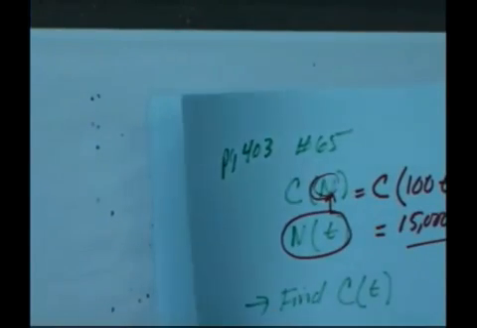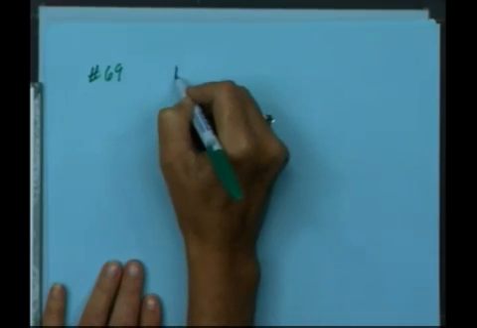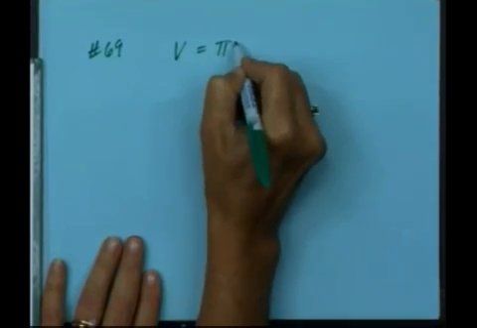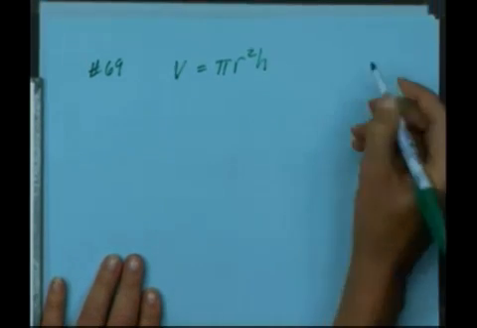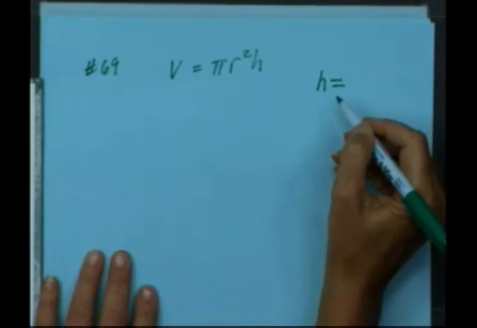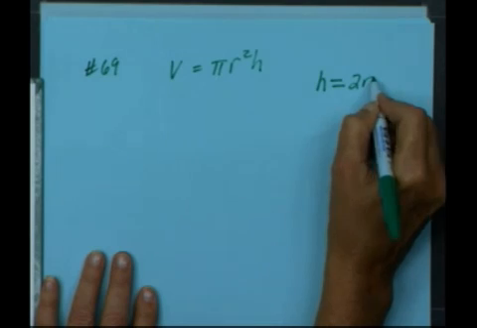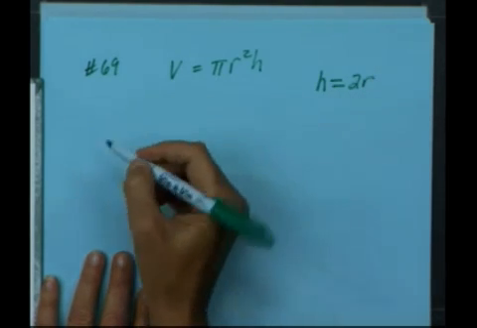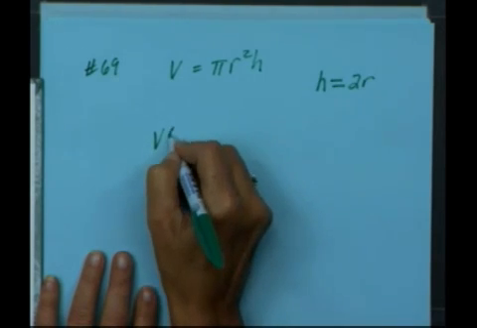Take it apart. Number 69. We know that volume is equal to pi r squared h. The next thing it says is height is, in math, remember, equal to twice the radius. Express volume in terms of the radius.